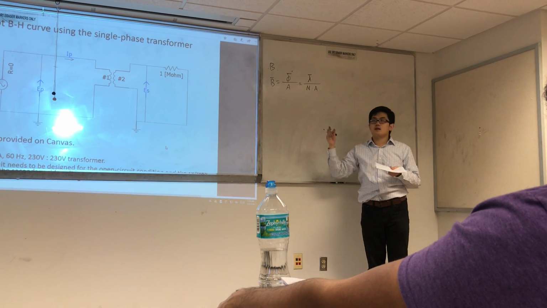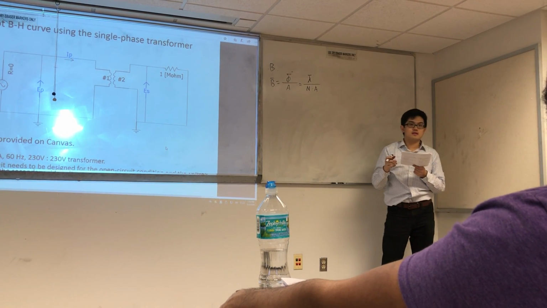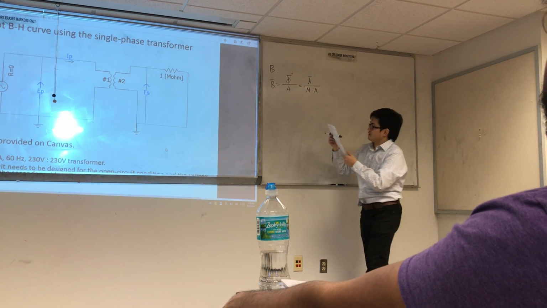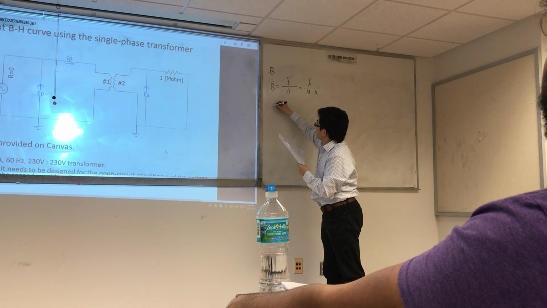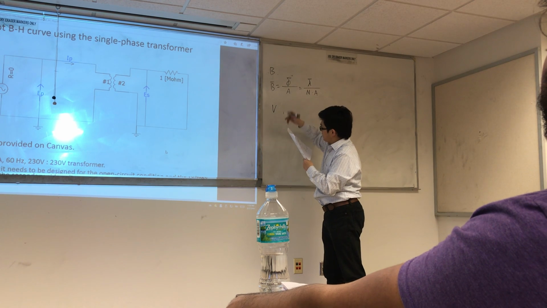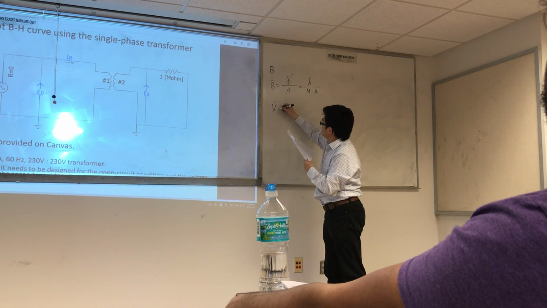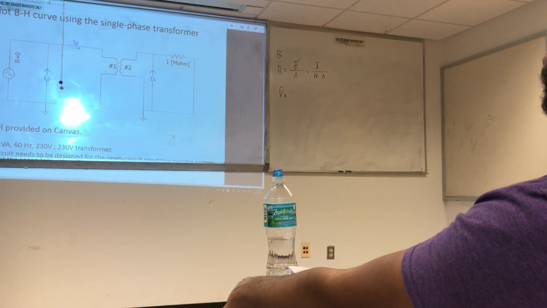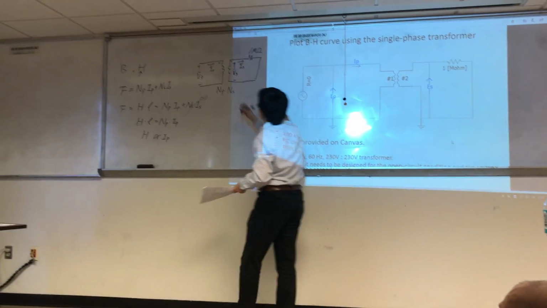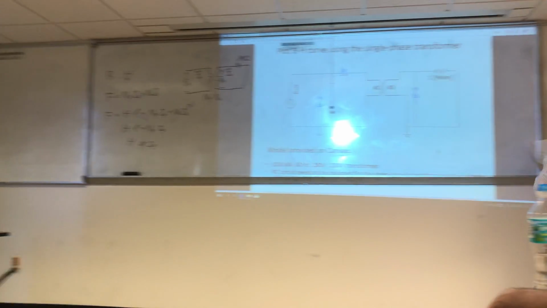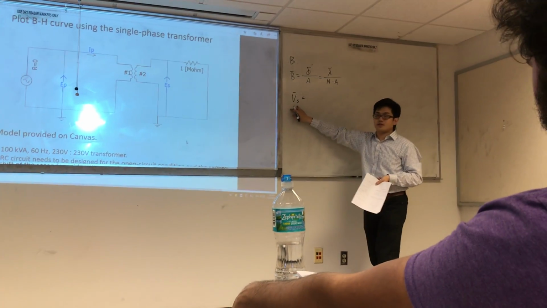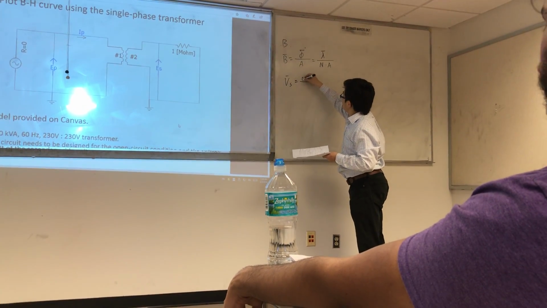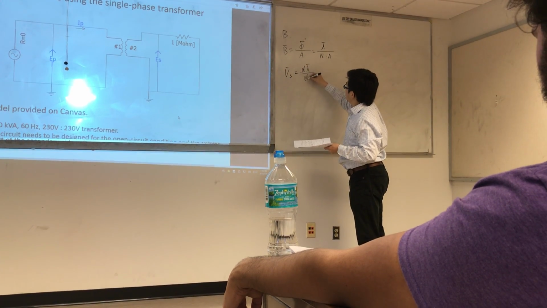But it's harder to measure lambda, the flux linkage. We have another equation. Vs, this is the induced voltage, equals d lambda dt.